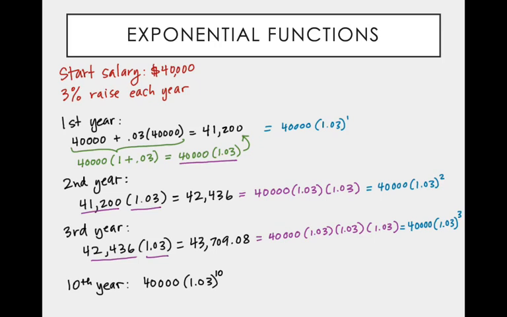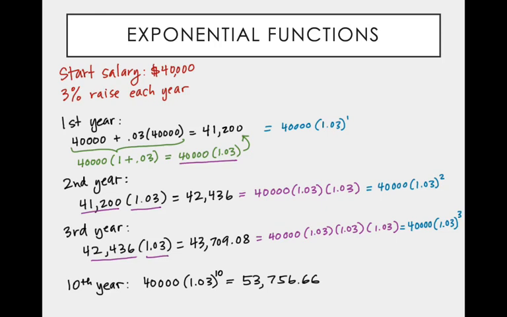Okay, and that would give us a salary, and I get 53,000 and a bunch of numbers. Let's see, 53,756. I'm going to have to round those pennies off, about 66 cents. Okay, so that would be your salary with a 3% raise every year through the 10th year.